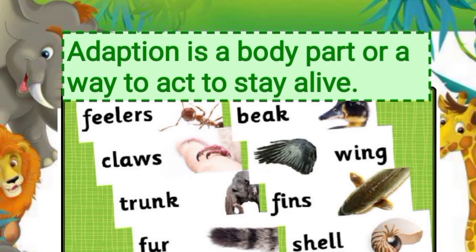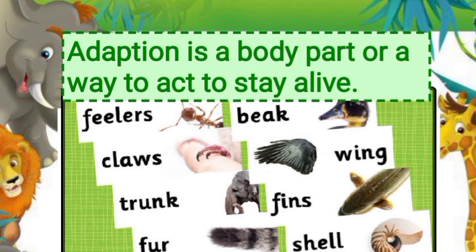So what is adaptation? An adaptation is a way an animal's body helps it to survive or live in its environment. Animals depend on their physical features to help them obtain food, keep safe, and build homes.